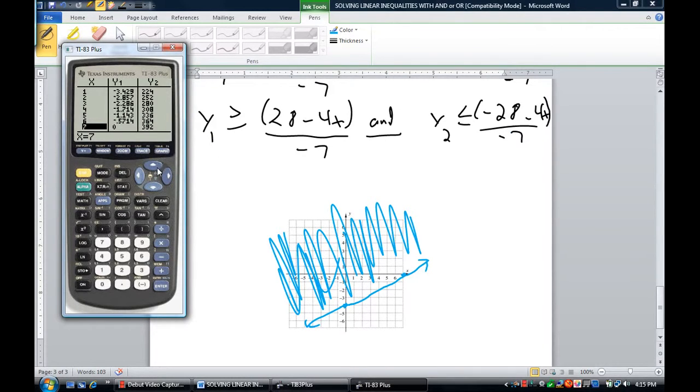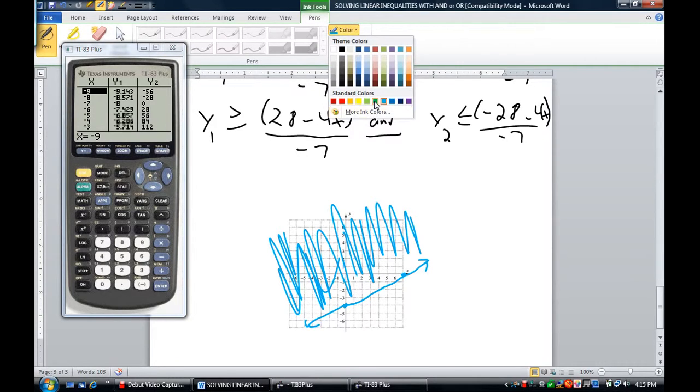And on this one, I'm looking for a couple of nice points for my y2. There's negative 7, 0. I might have to use my imagination on this one.